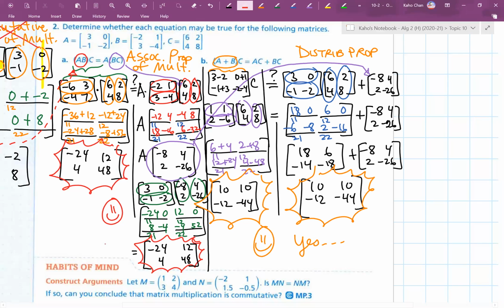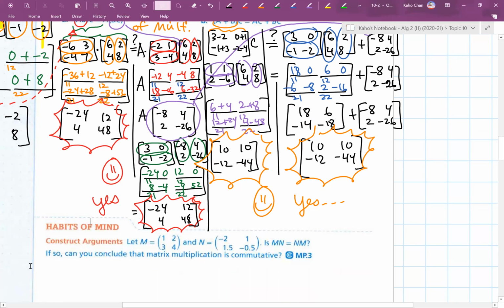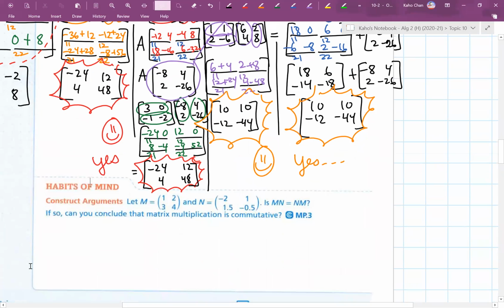So 2 yeses and 1 no. All right. Woo. We did that, 2C off to the side. This right here, this habits of mind, the commutative property of multiplication was answered over there. The answer is no. The commutative property does not work. All right.